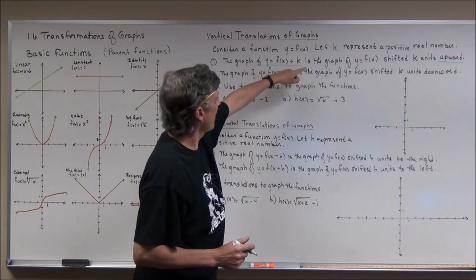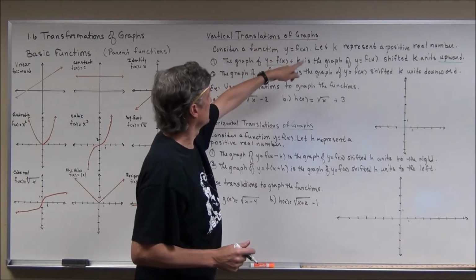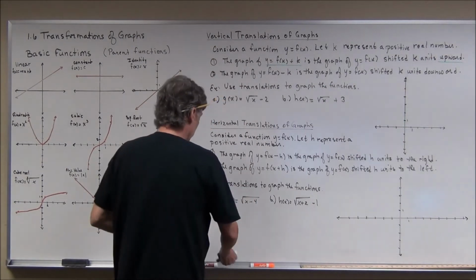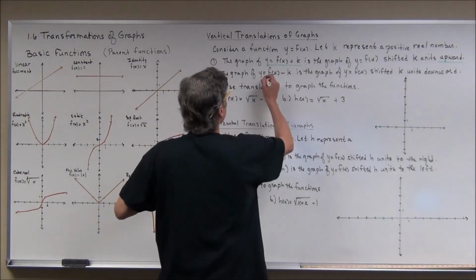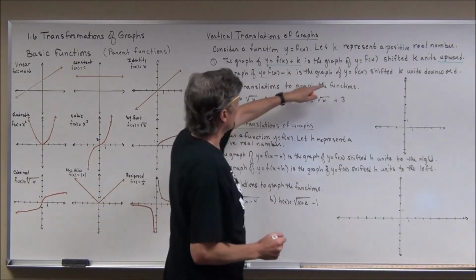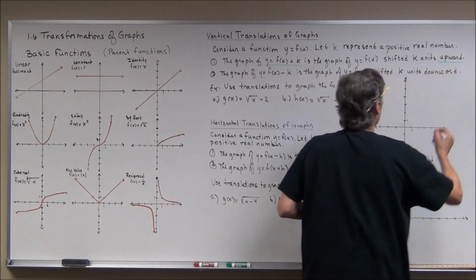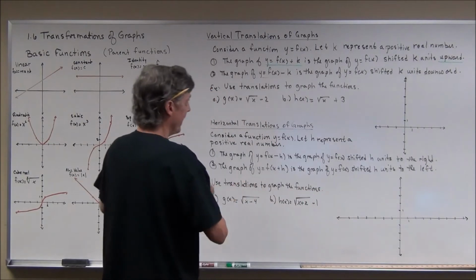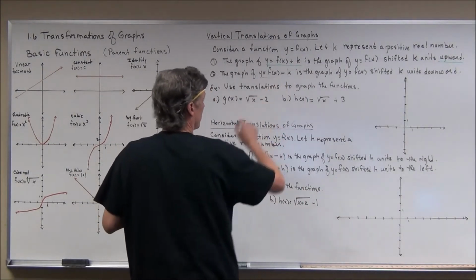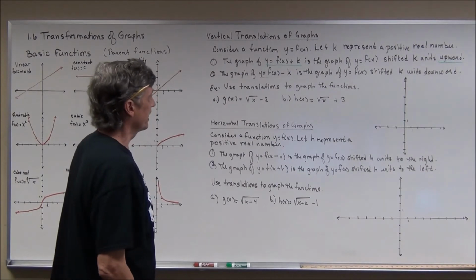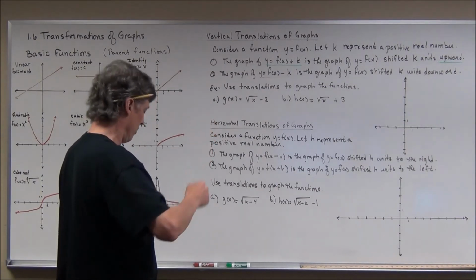Okay, plus k positive, that would make sense. Upward seems like a positive idea. The graph of f of x minus k is the graph of the parent function shifted k units downward. So remember, k is a positive number, so I'm subtracting a positive number there. It's going to look like a negative with that subtraction sign, and that gives you a clue on whether you're shifting it upward or downward.